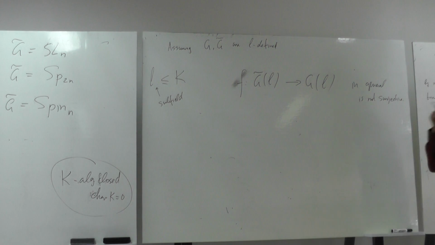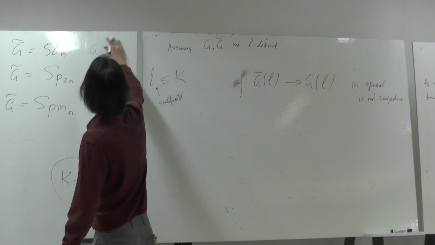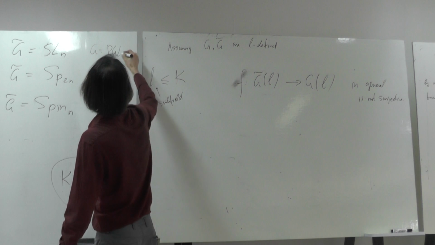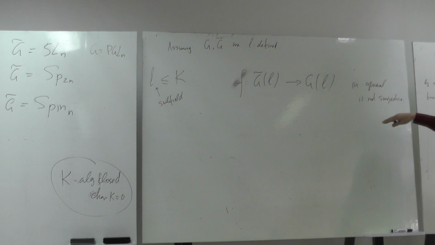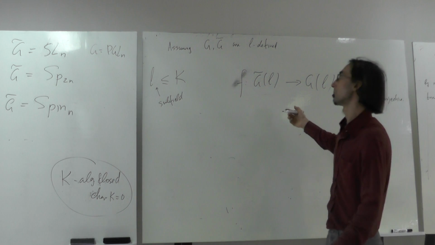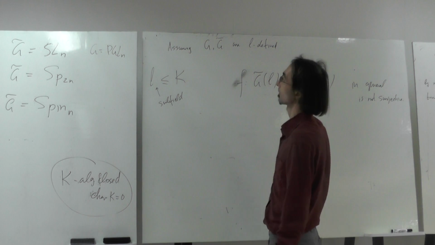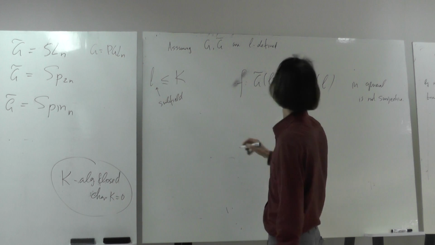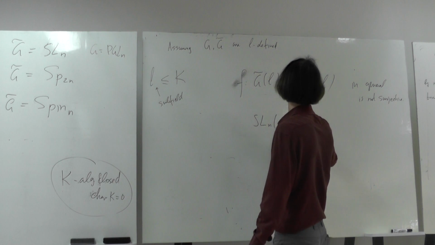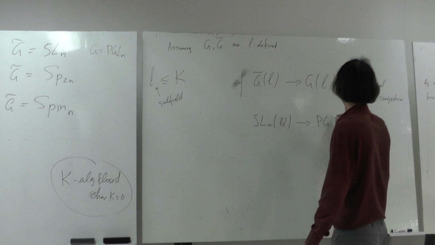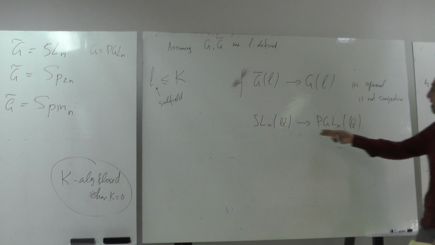Okay, and the best example is probably here. If I take G to be PGL_N, then SL_N maps onto PGL_N. But if I look over the rationals, I'm talking about a map which sends SL_N(Q) to PGL_N(Q), and this is not surjective, right?